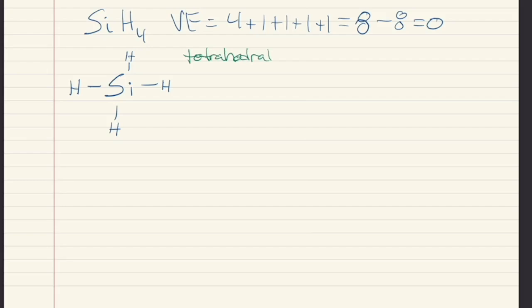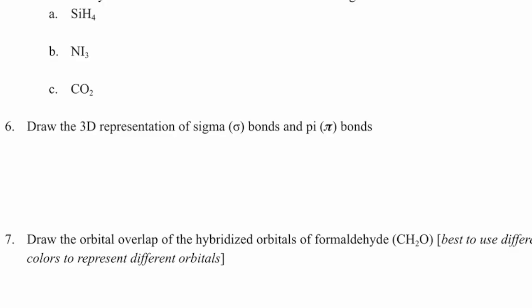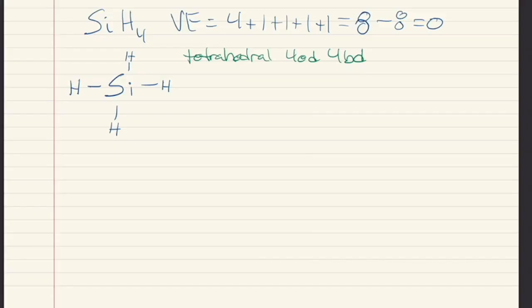Okay, we have 4 electron domains, 4 bonding domains. We have all single bonds. Okay, but the question, if we remember, is asking us about the hybridization of the central atom.